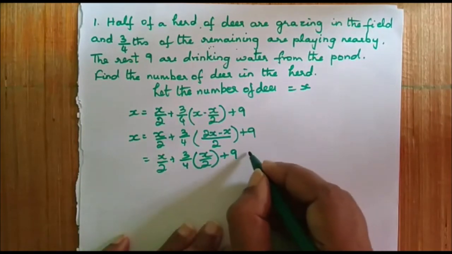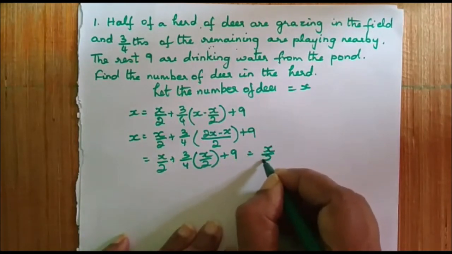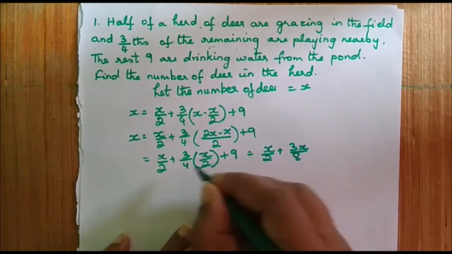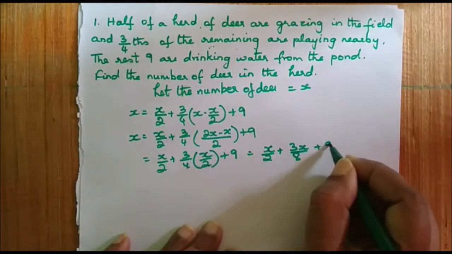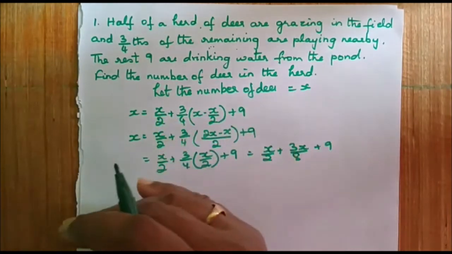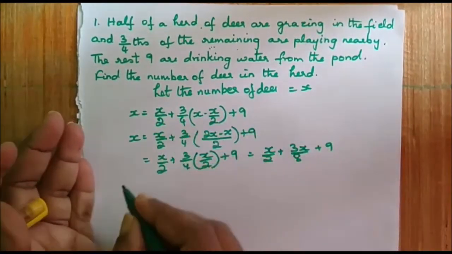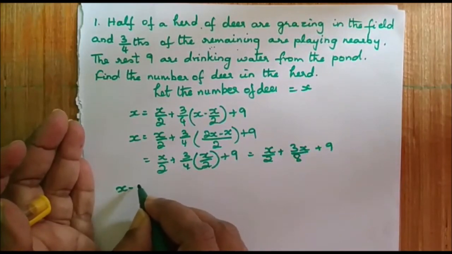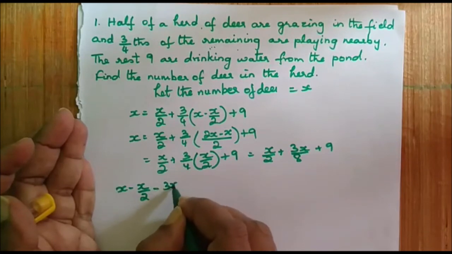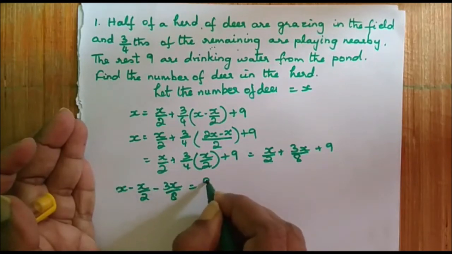So this can be further reduced into x by 2 plus 3x by 8, 4 into 2 is 8, plus 9. Now what I can do is, I'll keep the 9 here and I will take all the other x terms to the other side, that is transposing. X minus x by 2 minus 3x by 8 is equals to 9.